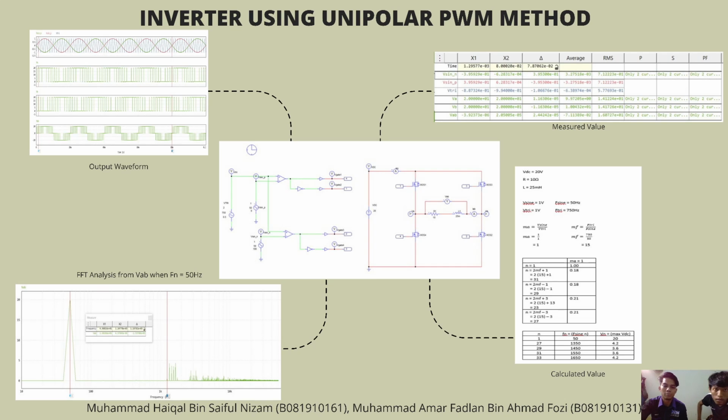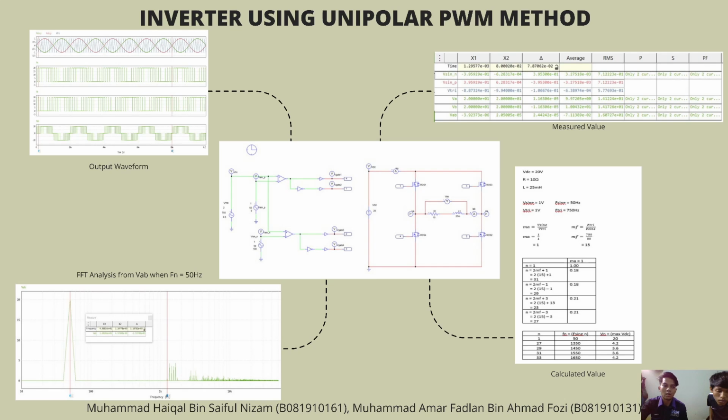Below that is the waveform for bridge voltage VA. The voltage VA alternates between positive VDC and zero, and then the output for bridge voltage VB, the voltage VB also alternates between positive VDC and zero.